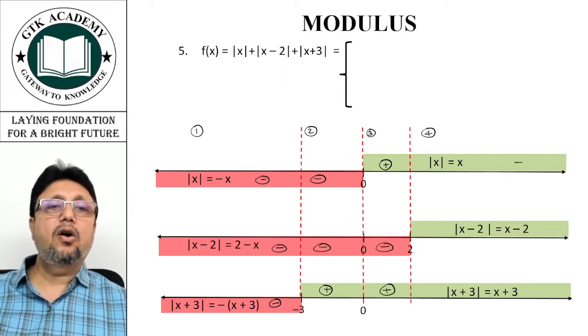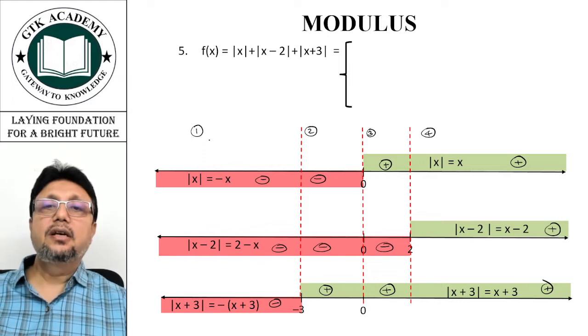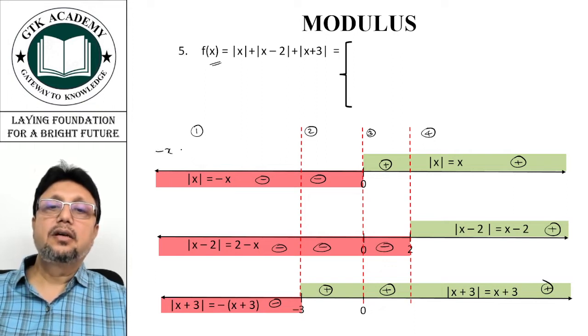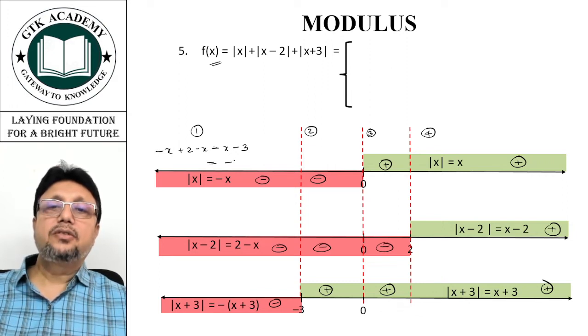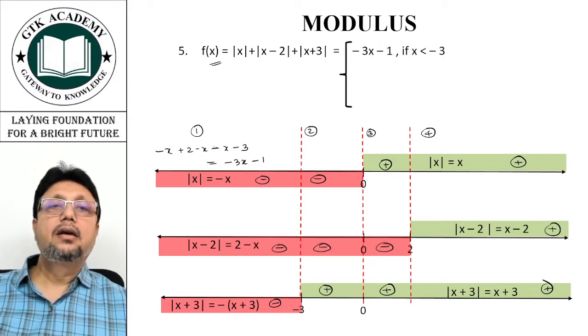In the fourth region, all are positive. So in the first region, f(x) will be |x|, which will be −x, plus 2 − x, plus −x − 3, which will be −3x − 1. And this is what we have written here.